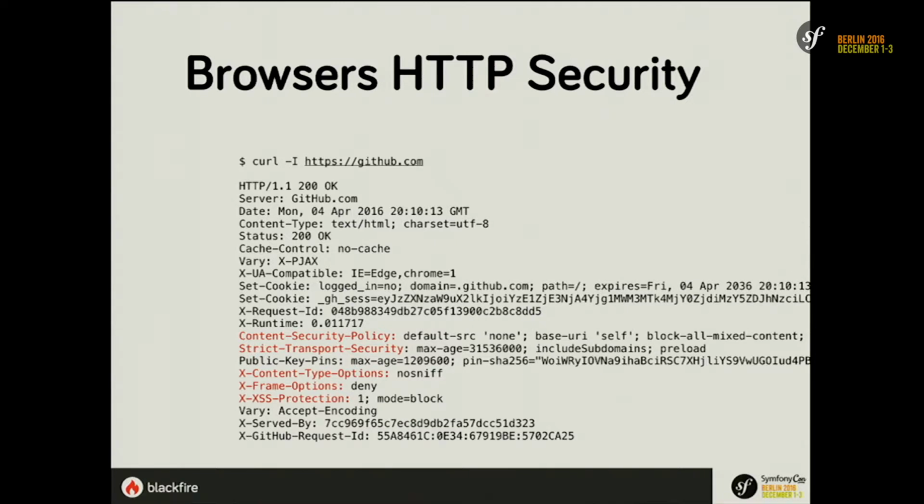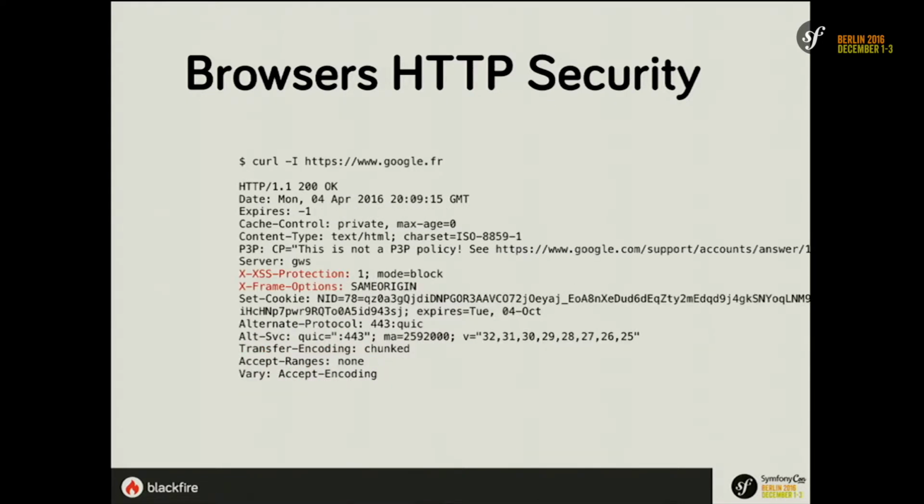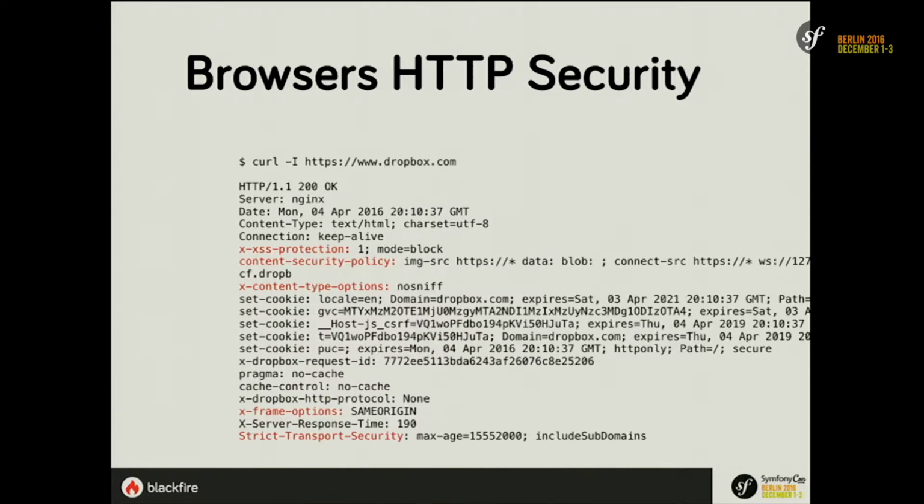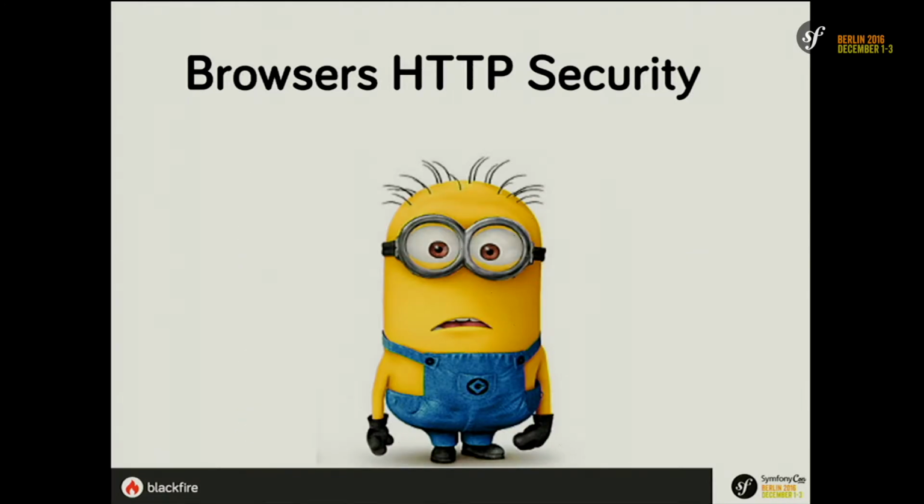And I saw many headers I didn't know: X-XSS-Protection, X-Content-Type-Options, X-Frame-Options, Strict-Transport-Security, and so on. Google had the same. Dropbox, Facebook, Twitter, everybody was using this kind of headers. And it was the beginning of a new world, because it was the end of my world.